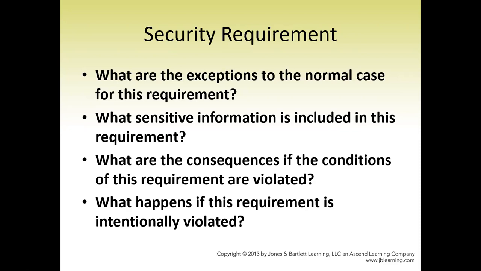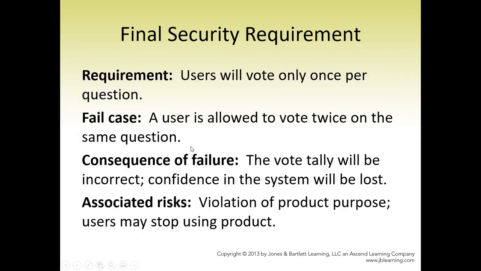What are the consequences if this requirement is violated? What happens if the requirement is intentionally violated? All of these questions need to be asked at the beginning of the development life cycle.